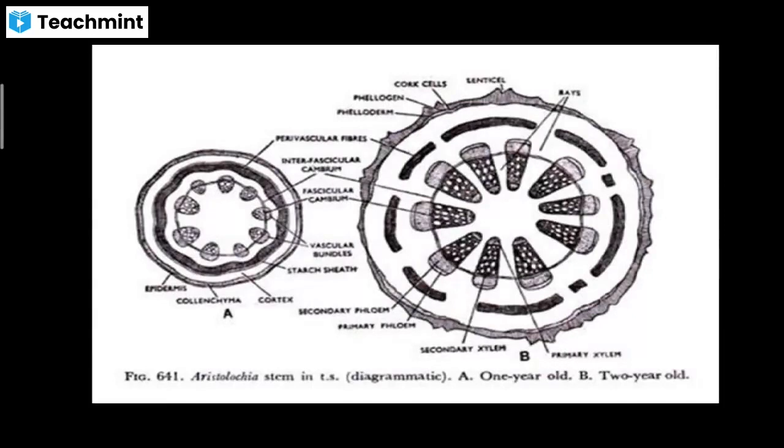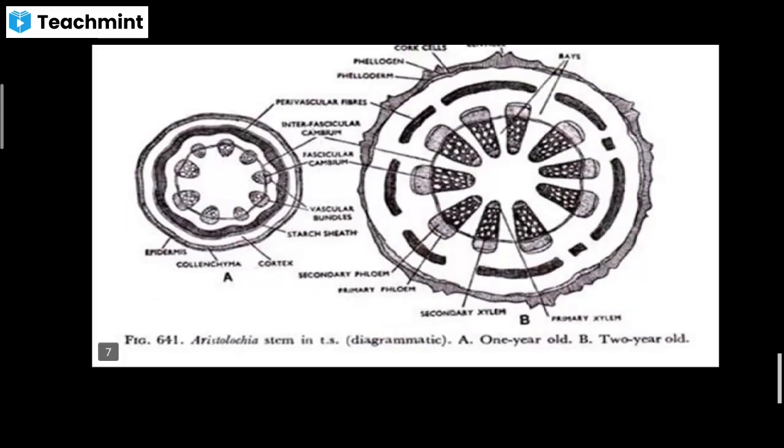After two years, you can clearly see the xylem as well as the fluted xylem and fluted parenchyma, with the addition of the medullary rays, due to the activity of the vascular cambium ring.